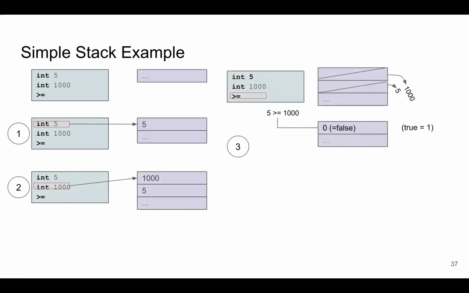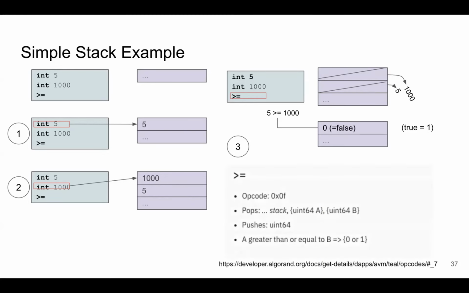Each of these things, like int and larger or equal, is called an opcode. Larger or equal is an opcode that pops the two last elements of the stack, 1000 and 5, compares them, and pushes on top of the stack the result of the comparison. Here it's false, so it pushes 0, because there is no boolean in TEAL. False is 0, true is 1.